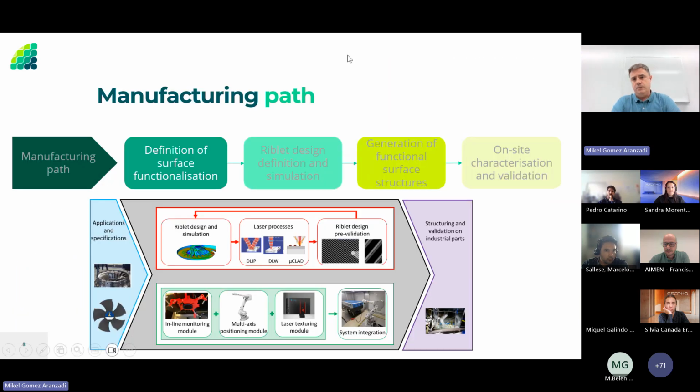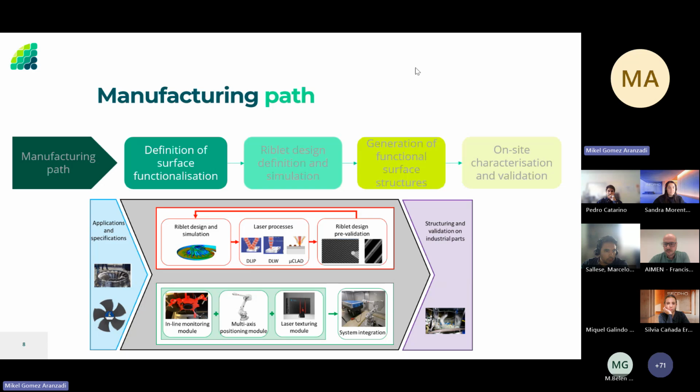Okay. So this is the manufacturing path. Basically, you have to define the demonstrators, what the needs are, then define the surface visualization. And in this case, our work has been more or less using 2 work packages in parallel. In the first one, we do the simulation, we develop the 3D laser technologies and do a pre-validation, because you have to make sure of what type of riblets you can reproduce and that they have the effect that you need.